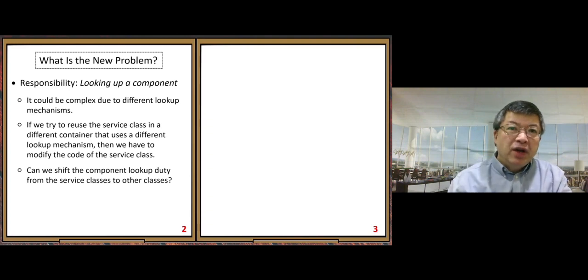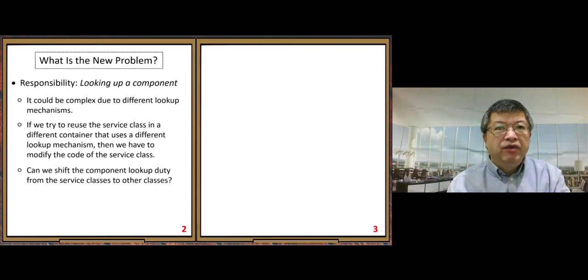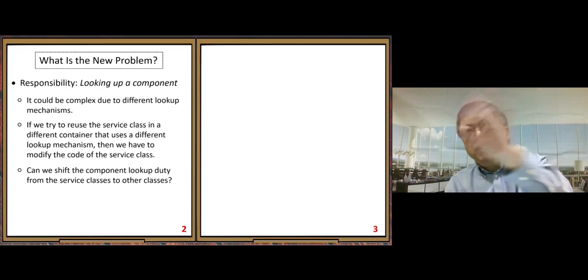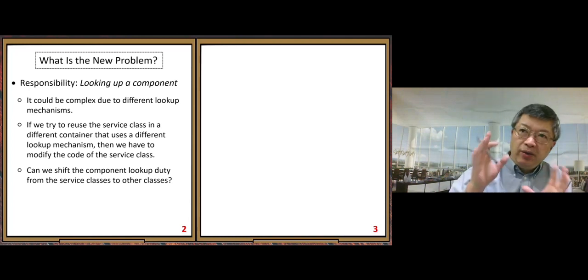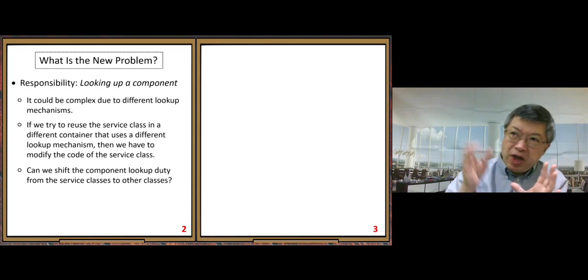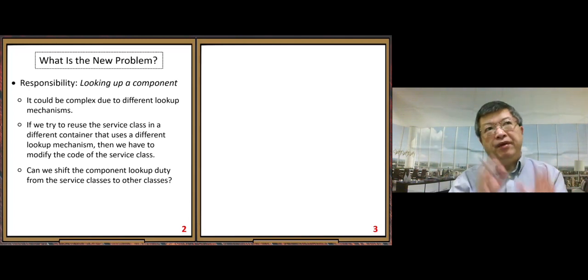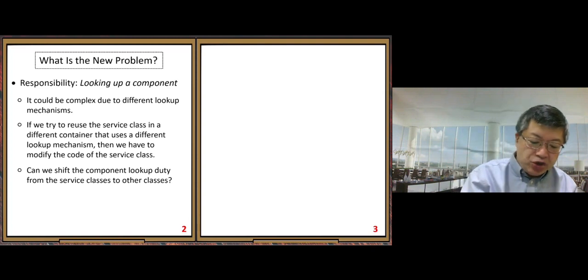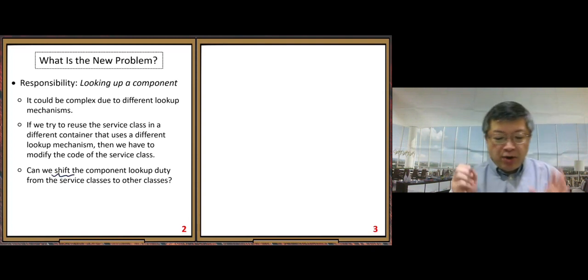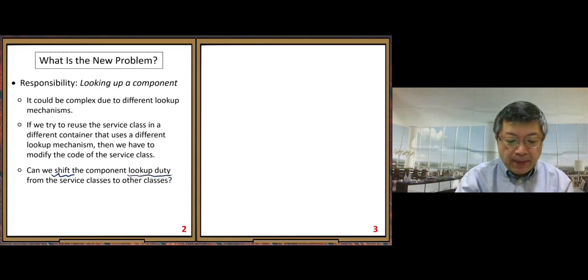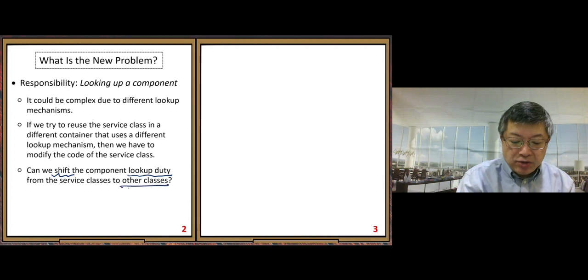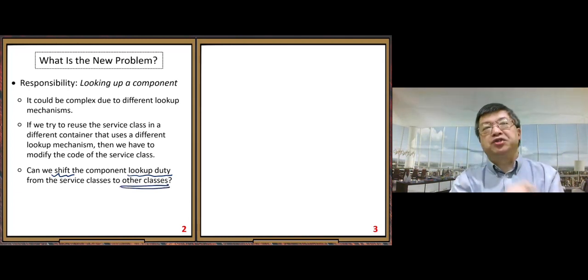Can we shift the component lookup duty from the service class to another class? Regarding the improvement, we take a step-by-step approach. The first time we do this improvement, we shift the component lookup duty from the service class to another special class.